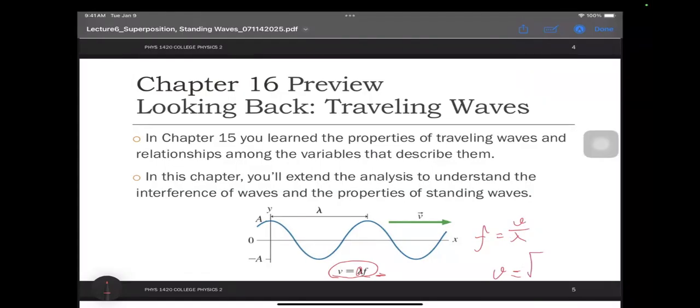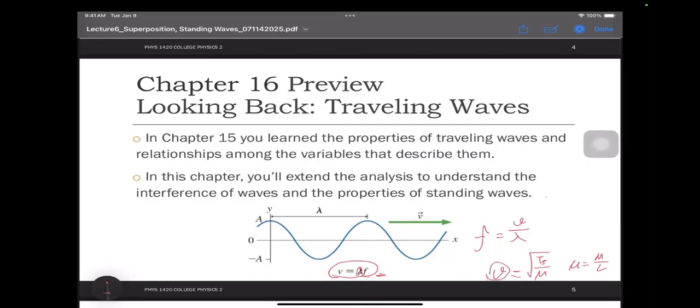It depends on the string tension, am I right? And the linear density, which can be represented as mass divided by L. Do you remember that? And this is for the string wave.